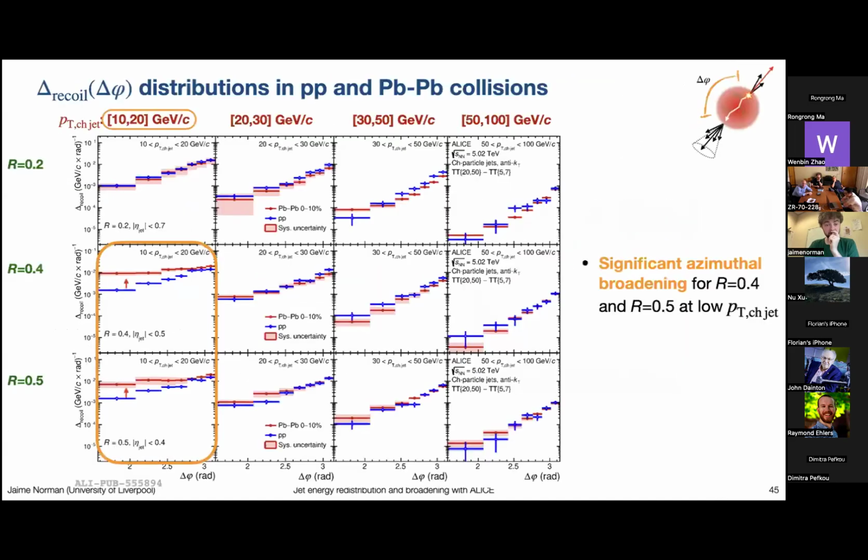Yeah, so for the delta phi distribution, this was more challenging to fully validate. With the two-dimensional unfolding, there are uncertainties associated with that.